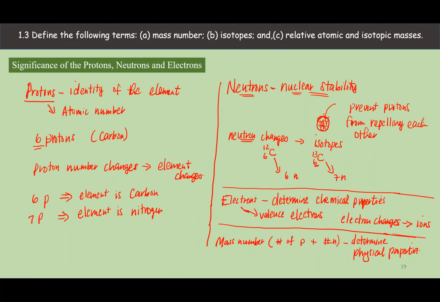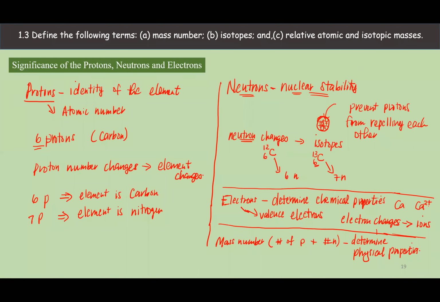So I'll give an example here. The example is we can have the element calcium. And if calcium loses 2 electrons, it becomes the calcium 2+ ion. Same number of protons and same number of neutrons. Both of them have that.